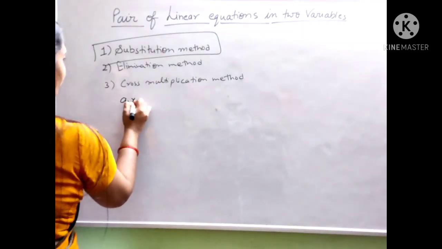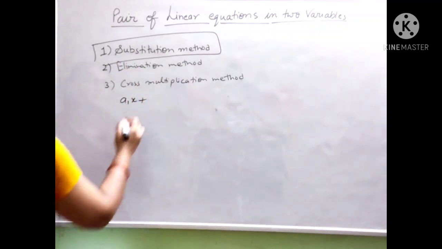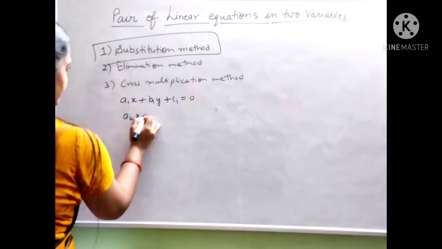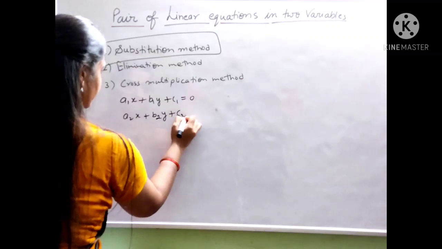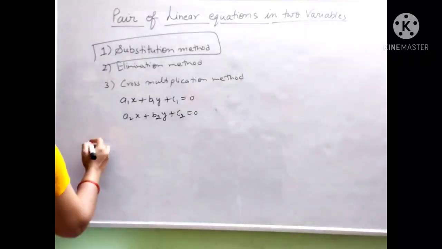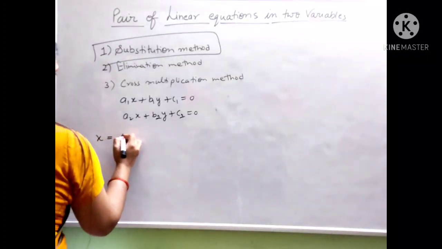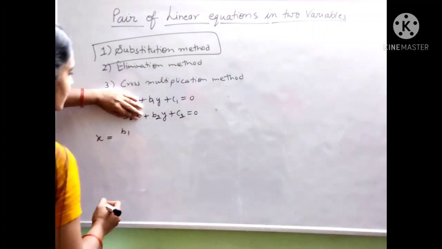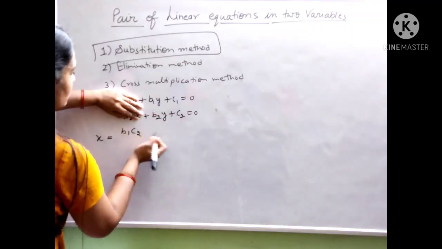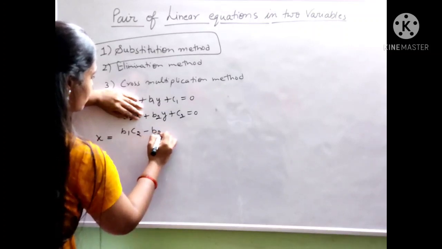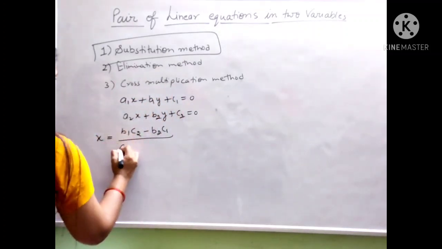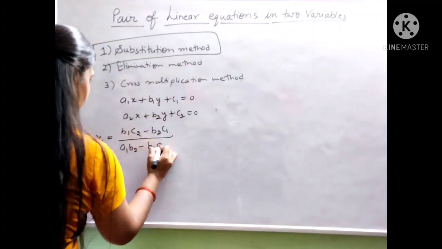We know the general form of the linear equations, and so if we want the value of x by the cross multiplication method, we have a formula. x is equal to b1, just hide the value of x, we have to multiply b1 c2 minus b2 c1 divided by the constant term, which is a1 b2 minus b1 a2.